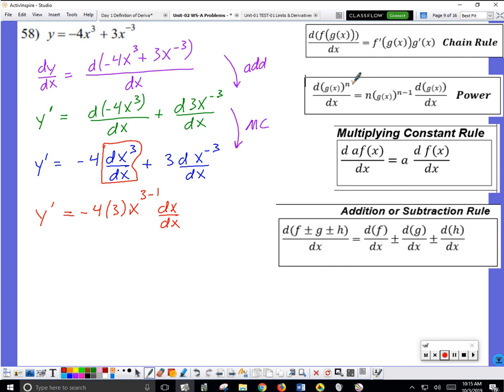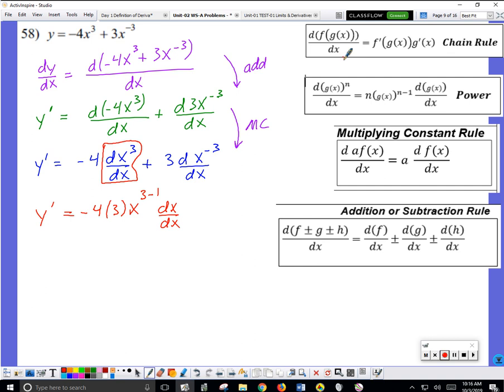Look, it's all about recognizing what we are operating on. In the very beginning, we have d/dx of everything. We first use the add subtract rule, right? Now we have 2 derivative problems. It's like we started with 1 big one, we now have 2 small ones. But we're still just paying attention to the d/dx of what. We have d/dx of this. So all of our rules are written exactly the same way: d/dx, d/dx, d/dx.